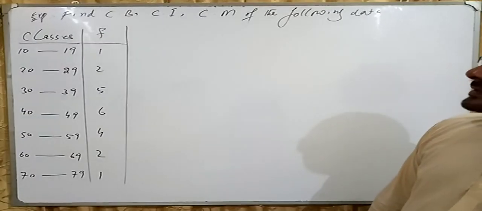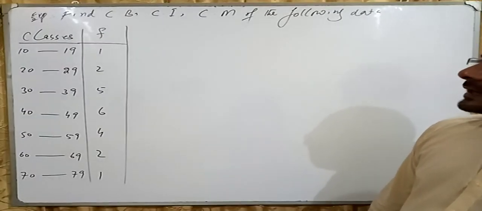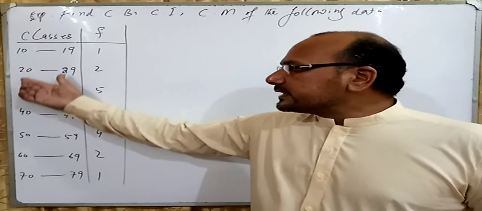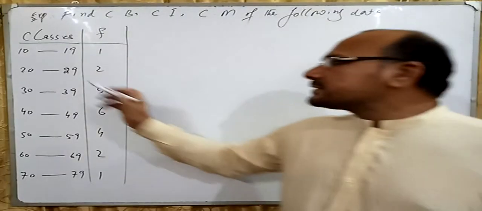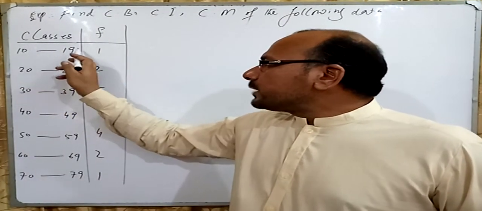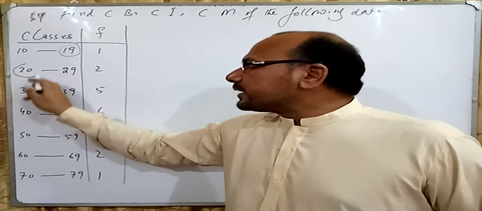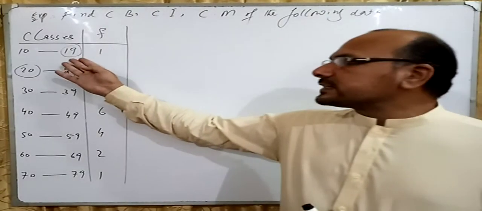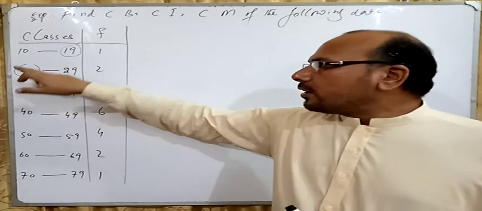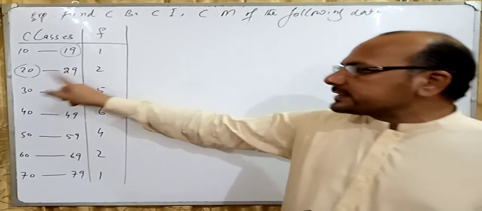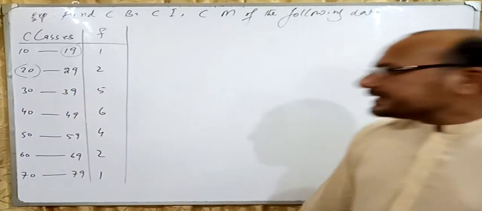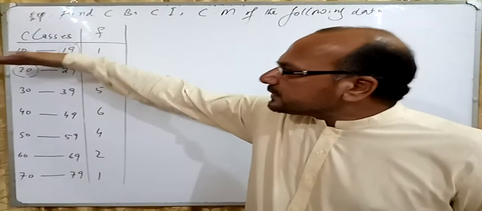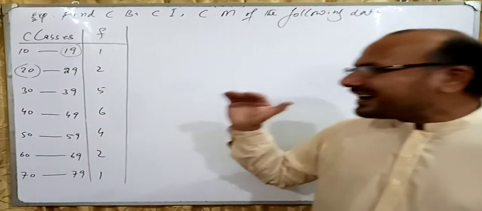Now, we have discussed in the previous class that the classes can be in continuous or discontinuous form. If the ending point of the first class is not the starting point of the second one, or the ending point of the second class is not the starting point of the third one, it means the classes are in discrete form, separate from each other.